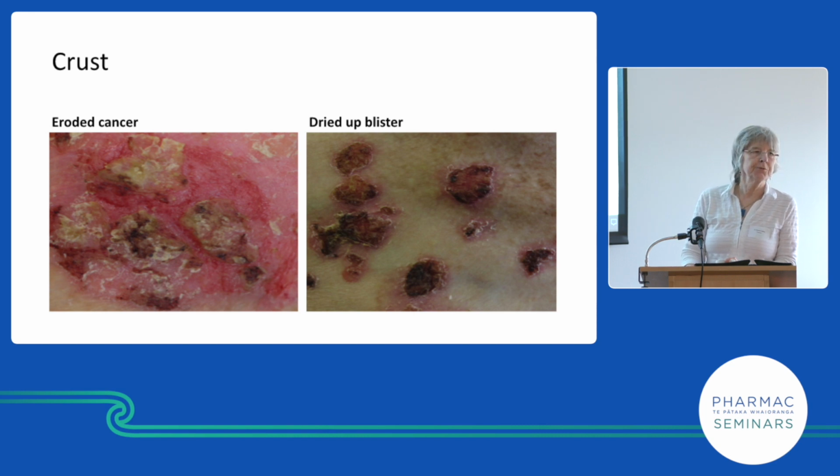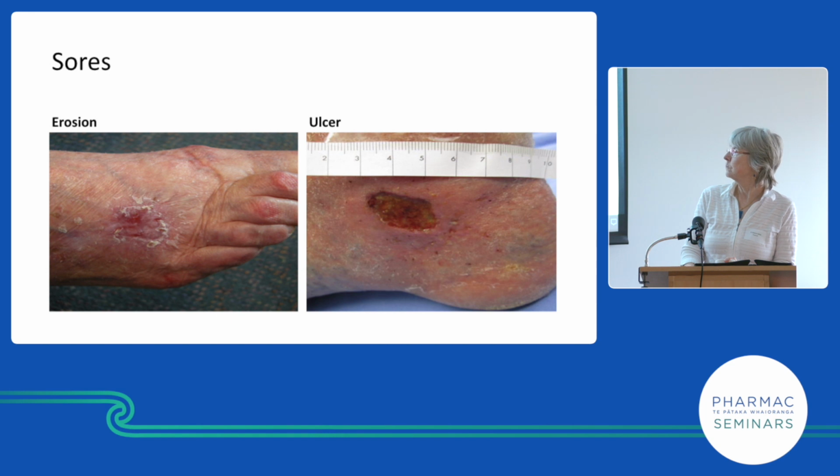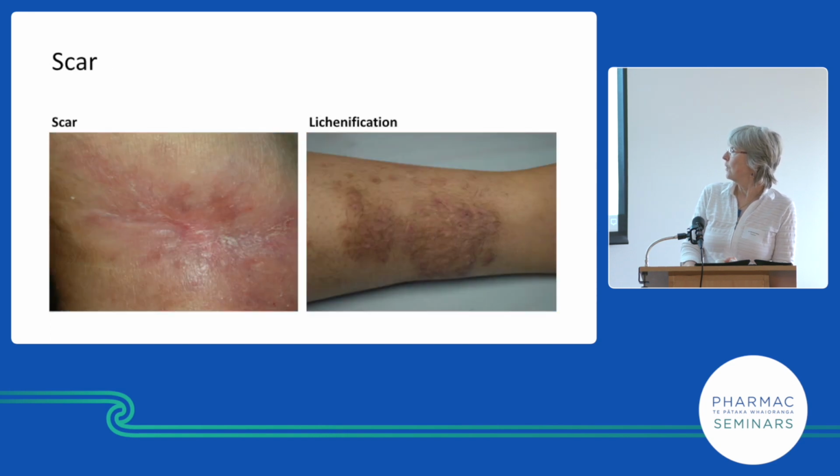Crust is often a mixture with scale, but true crust is just dried up blood, serous ooze. Erosions and ulcers. Scars, fibrous tissue. Lichenification, often pigmented, but increased thickness of the skin and increased skin markings.